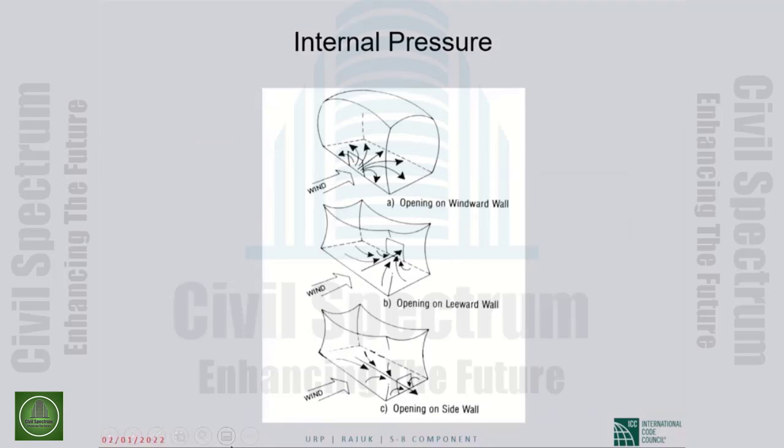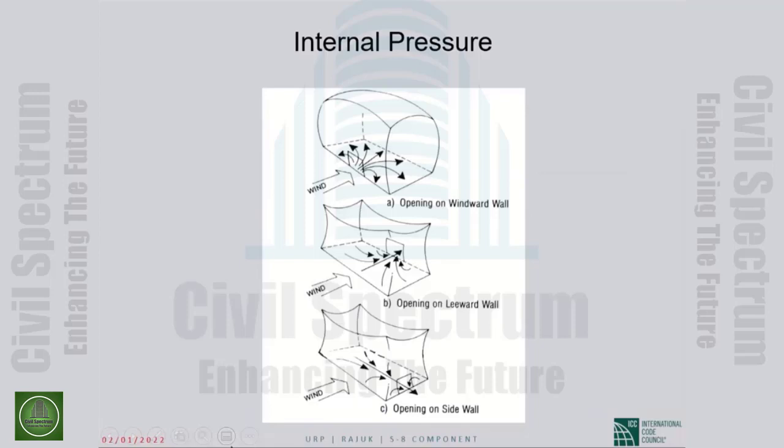Okay. So far we have been talking about external pressure on our building. When we are designing an entire building, that is typically our concern, the external pressure due to wind.